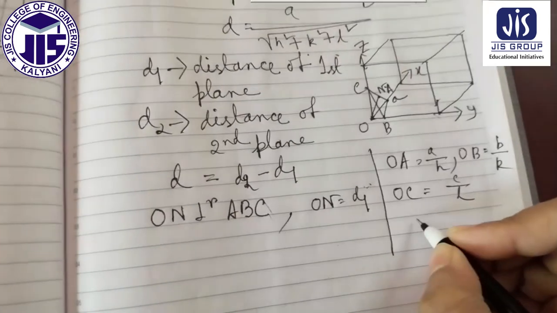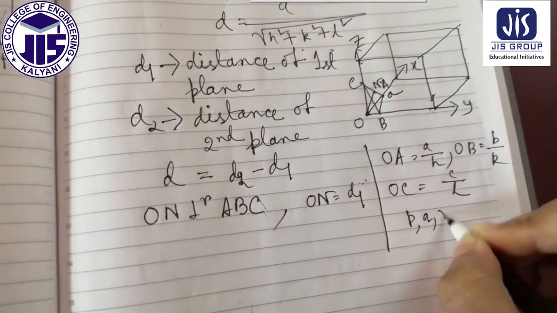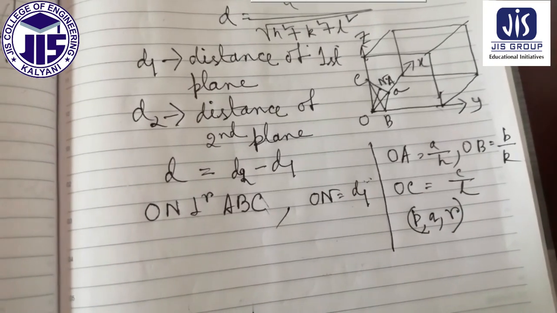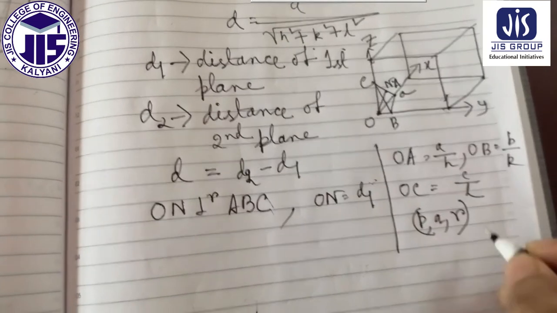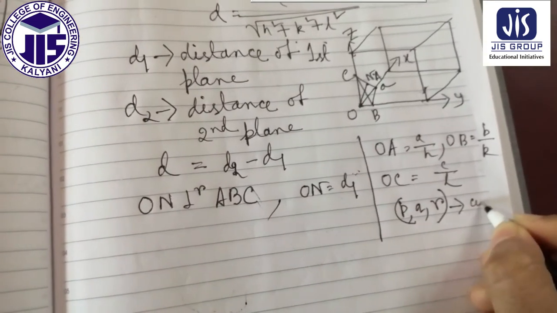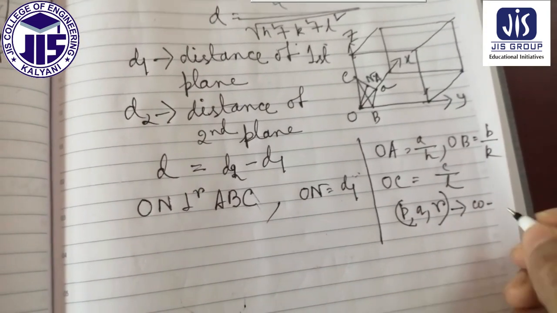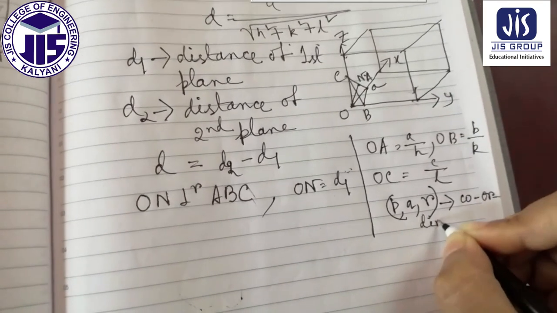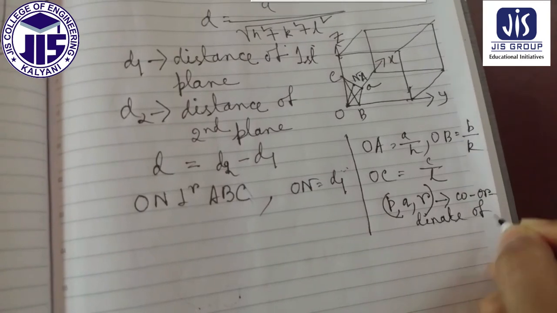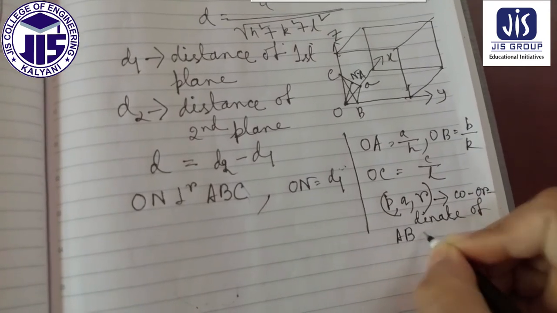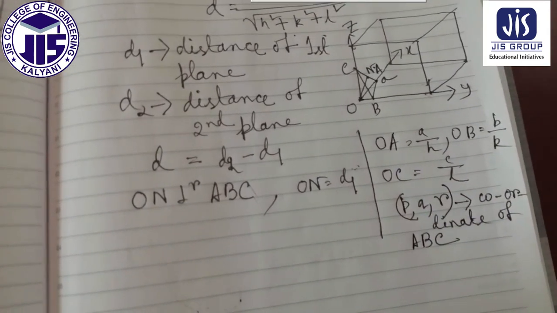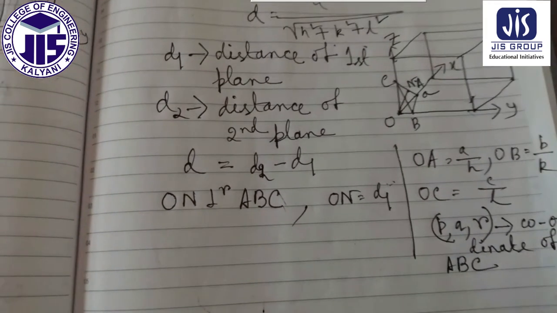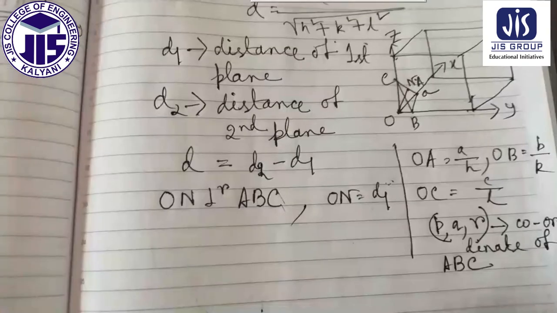First of all, if we consider p, q, r, then p, q, r is the coordinate of the plane ABC.